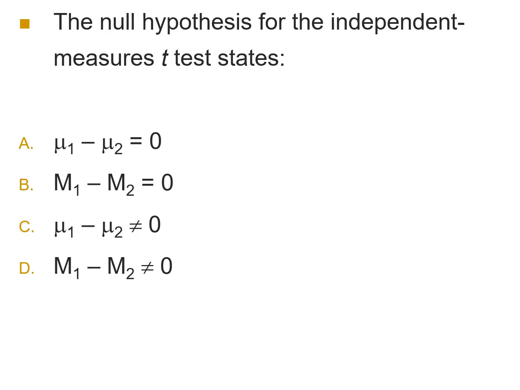And finally, the null hypothesis. First of all, we only have sample means, big N's, for our formulas, but our hypotheses are not just based on our sample statistics. We're doing inferential statistics, so our hypotheses are phrased at the population level.